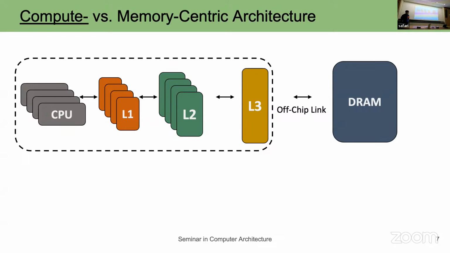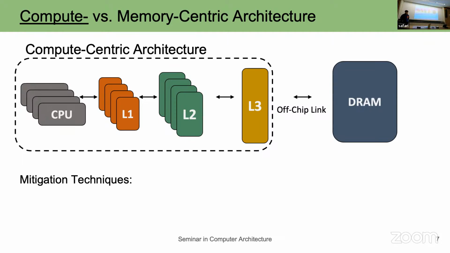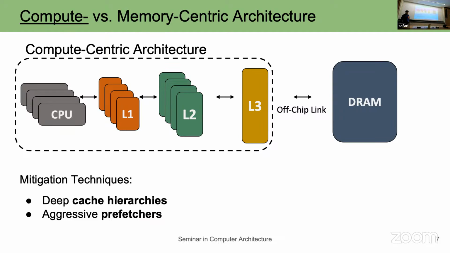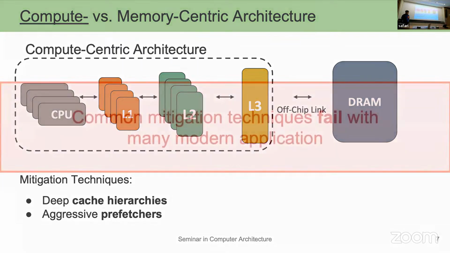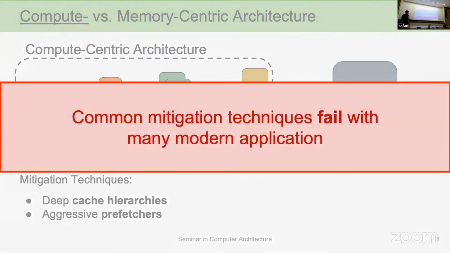The one we've been looking at is a so-called compute-centric architecture. Data movement mitigation techniques for compute-centric architectures include deep cache hierarchies and aggressive prefetchers, and we will find in this talk that those common mitigation techniques often fail with many modern applications.